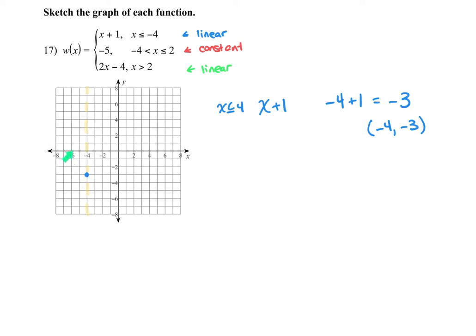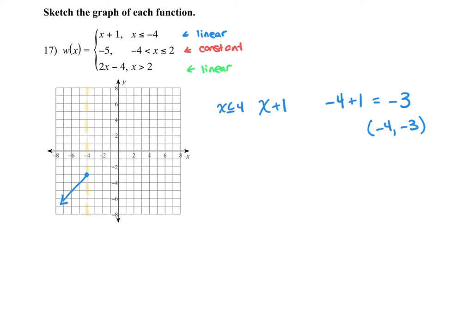Plug in -6. -6 plus 1 is -5. So (-6, -5) is going to be down here. The slope is 1, so you can also just go down 1 over 1. But if you don't do that, pick another point that's in that less than -4 range, and you're going to know what happens to your line. This one's going down 1 over 1, so it's going to look like this, all right?